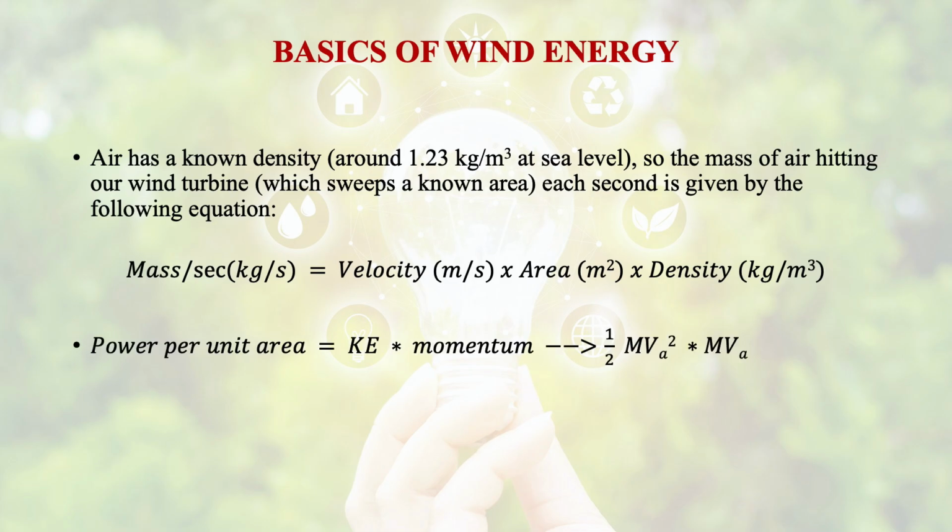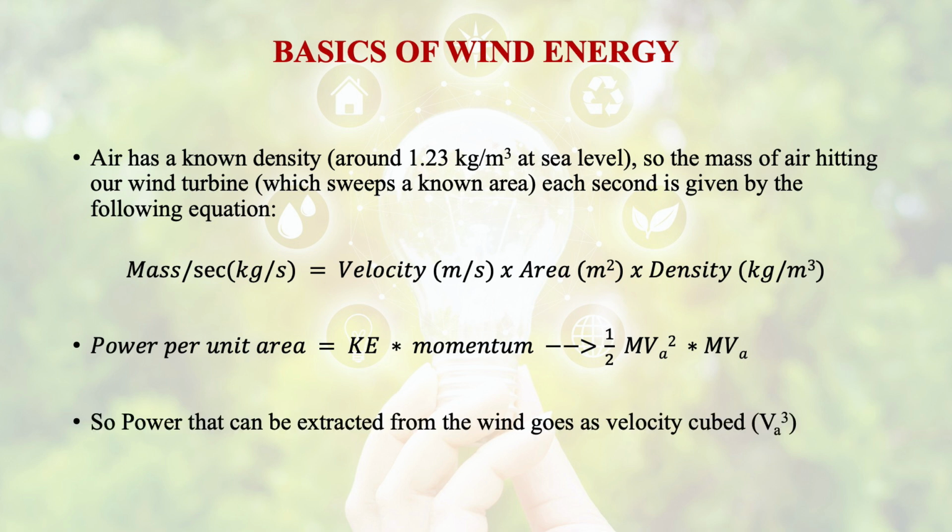If we talk about the power that is generated per unit area, it will be kinetic energy multiplied by momentum. So it will be 1/2 m into v square, where v is the average velocity, into momentum, that is mass into velocity, so m into v average.